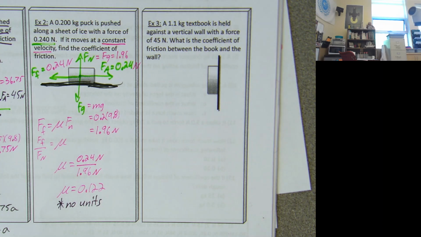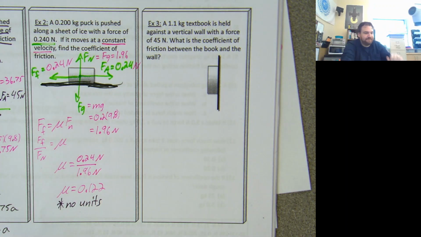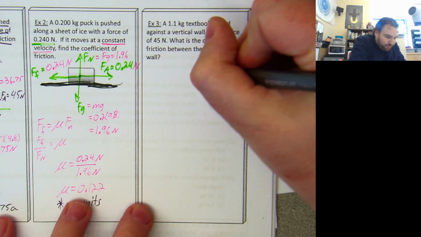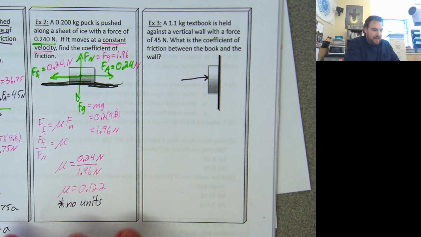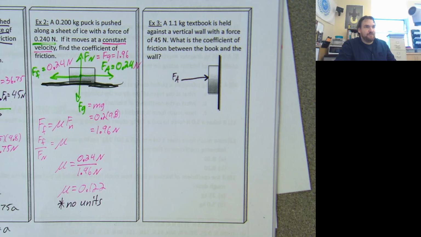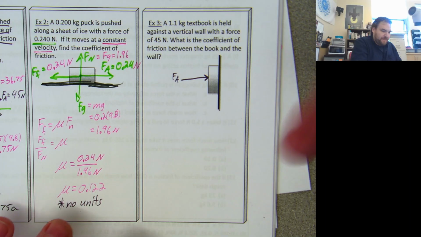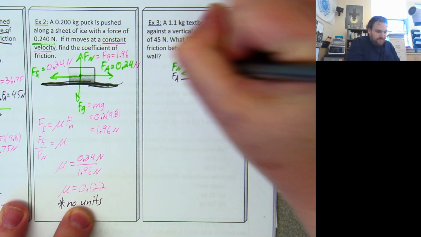Cool. So let's draw that out. My force was into the wall. That was my applied force. And because the book's not going into the wall, but the book is on a surface, there has to be a normal force pushing back out against me.